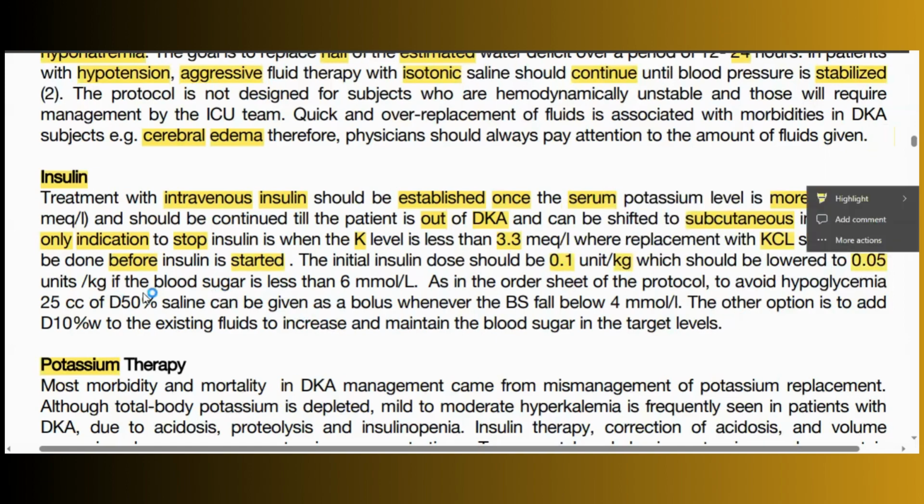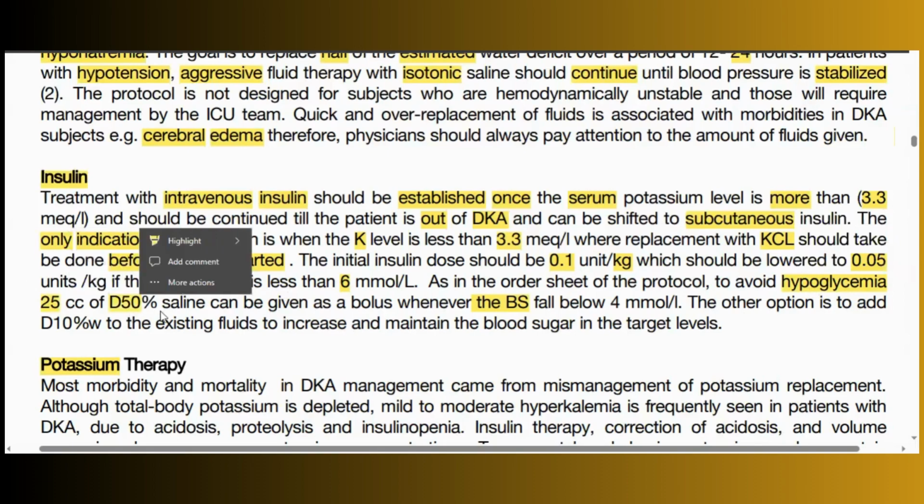The initial insulin dose should be 0.1 units per kg, which should be lowered to 0.05 units per kg if the blood sugar is less than 6 millimole. As in the order sheets of a protocol, to avoid hypoglycemia, 25 cc of D50% saline can be given as a bolus whenever the blood sugar falls below 4 millimole.